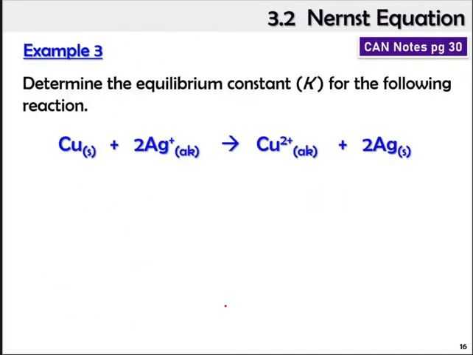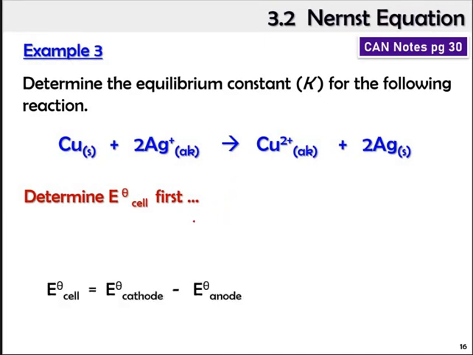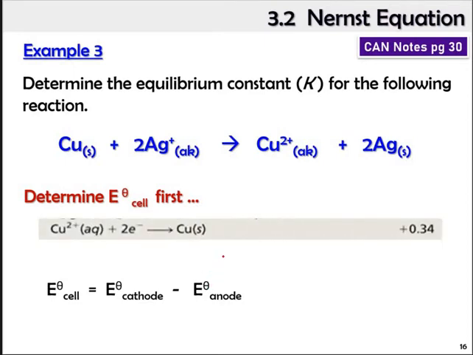Okay, example 3. Determine the equilibrium constant K for the following reaction. So find the E0 cell first. From the SRP value, the copper is equal to positive 0.34, silver 0.80.